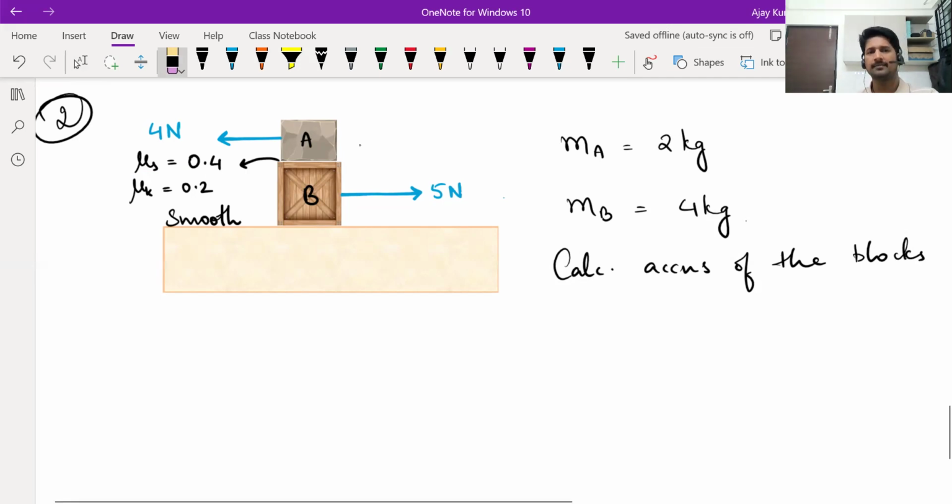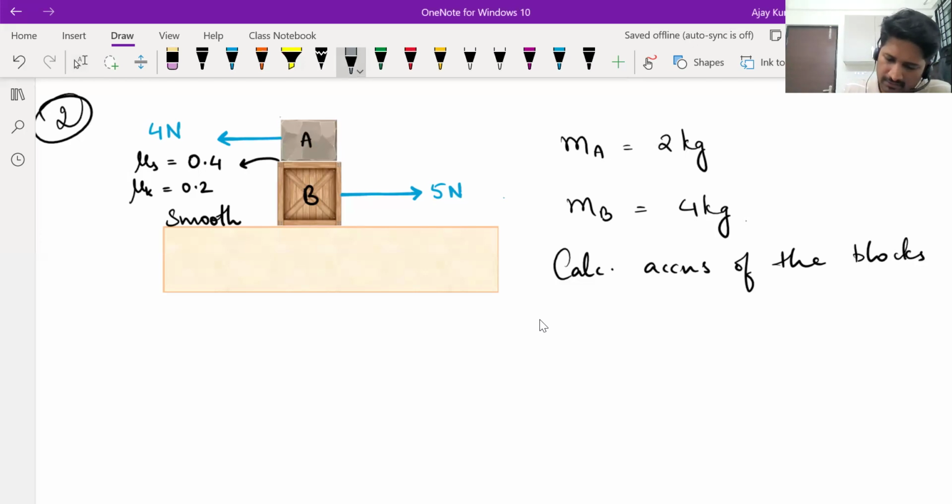Aishwarya, any answer? Let's assume they slide together. So you'll have to think of both of them as one object. If you think of them as one object, what is the combined mass?